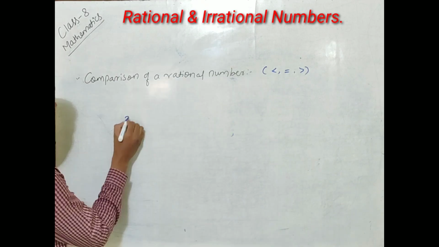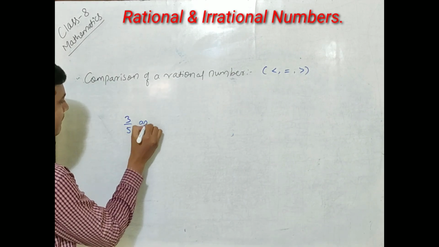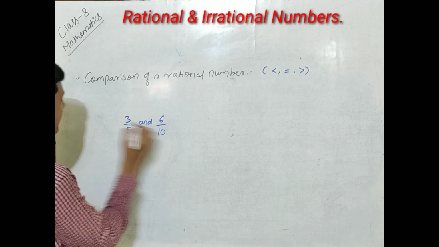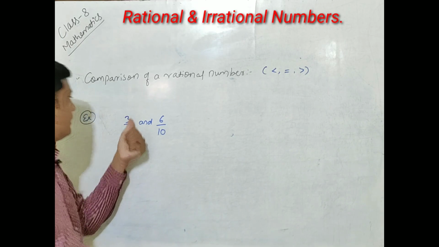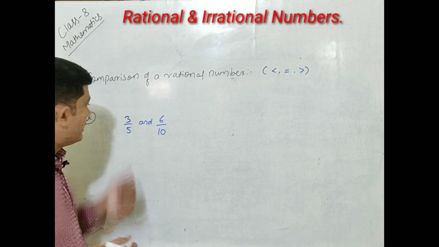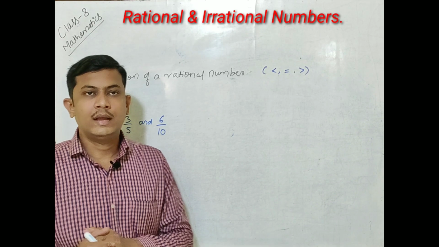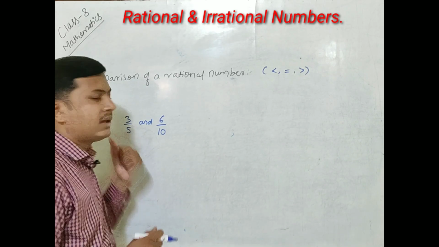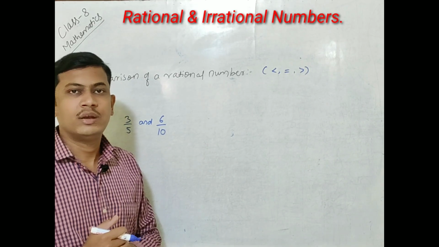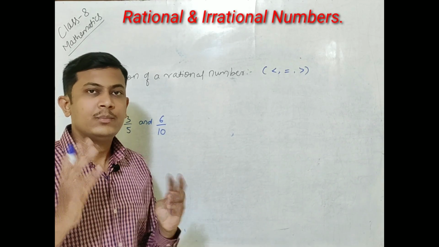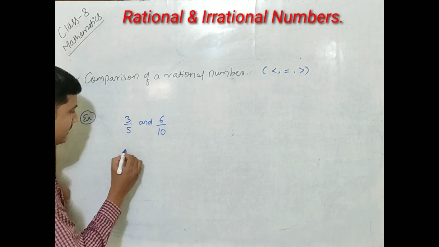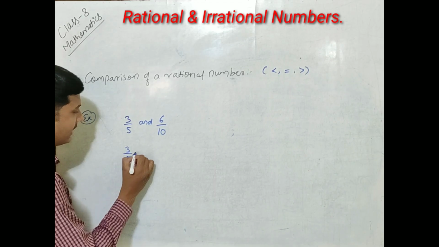The next is one more example we will see. Here we have to compare both rational numbers 3 upon 5 and 6 upon 10. Both the numbers are positive. If both the numbers are positive, then what do we have to do? First of all, we bring the denominators to the same.